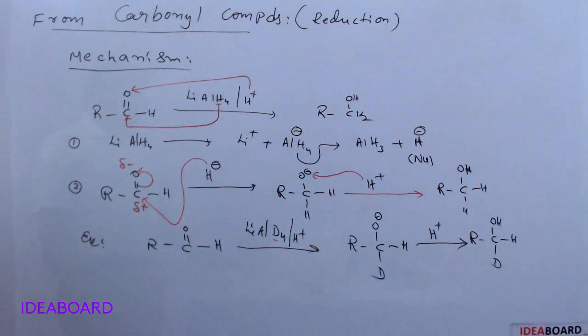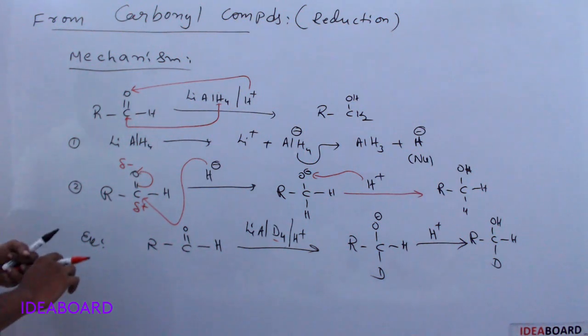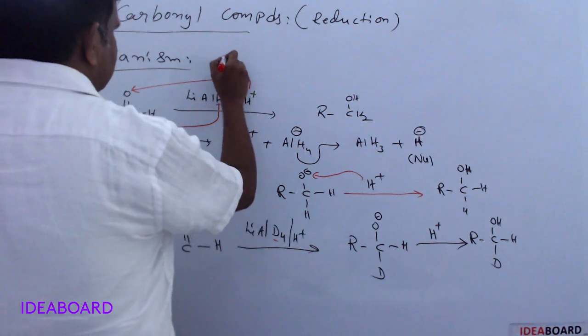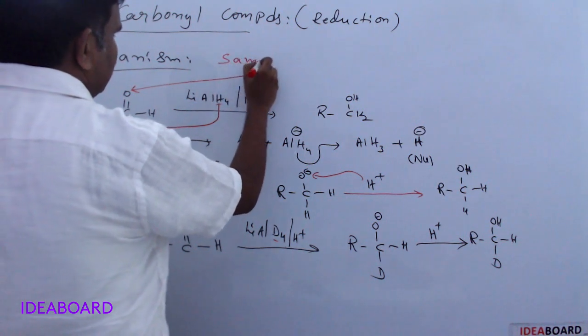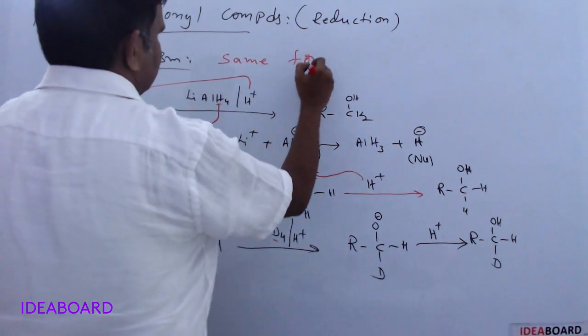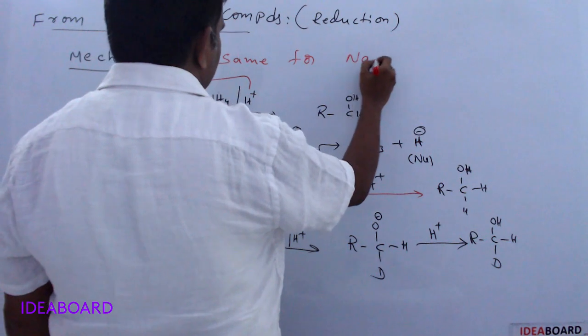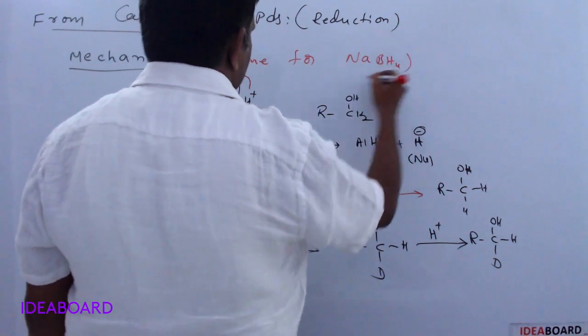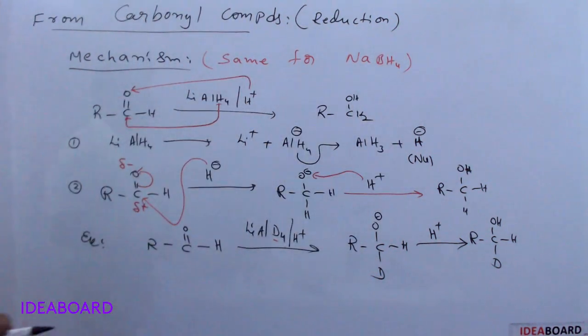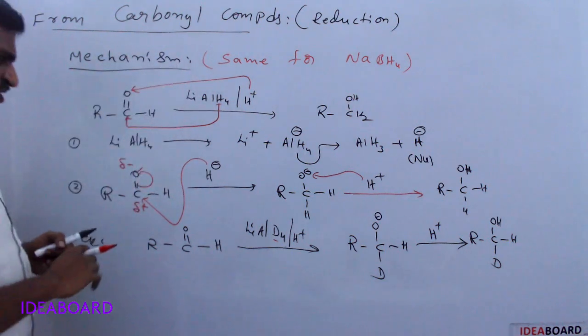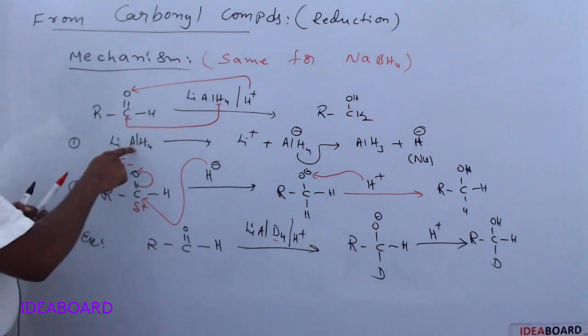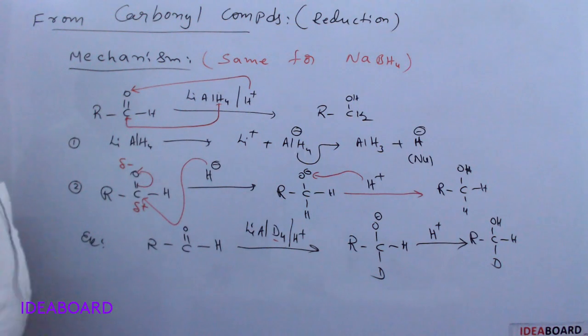The same mechanism we follow for sodium borohydride also. Instead of Li and AlH4, we can take NaBH4.